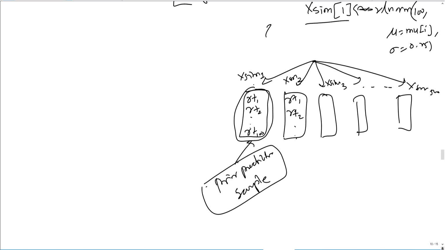So, your prior predictive sample represents the actual experimental data that you might see if your prior assumptions about the parameter are correct. What do we mean by correct? If they closely match the true distribution of mu. If that is the case, then your data would look like your prior predictive samples.